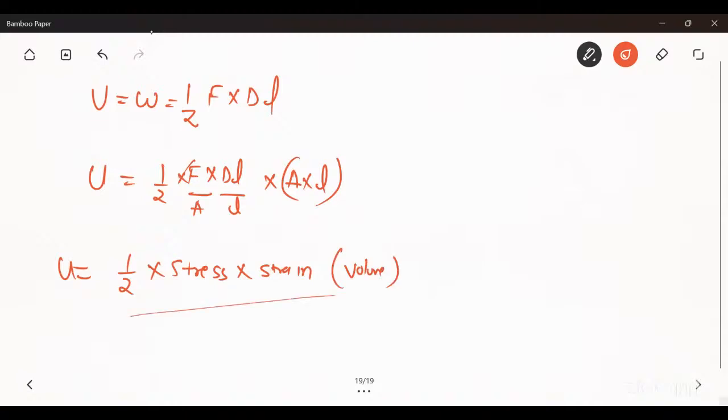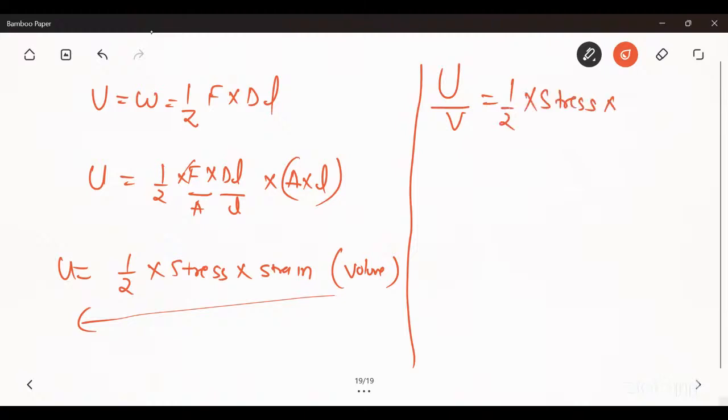So energy per unit volume is defined as half into stress into strain.